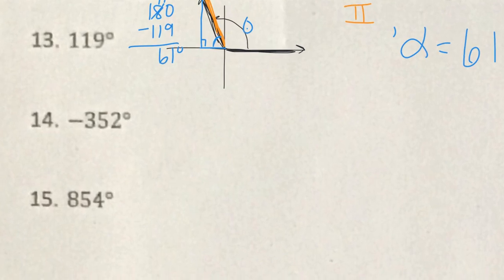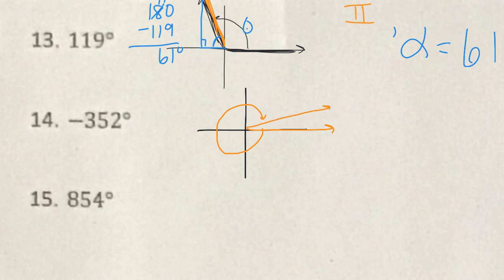We're going to draw our coordinates. We have our initial side at the positive x-axis. We're going to go negative 352 degrees, which is almost all the way around, which is 360. And our angle ends up in the first quadrant.